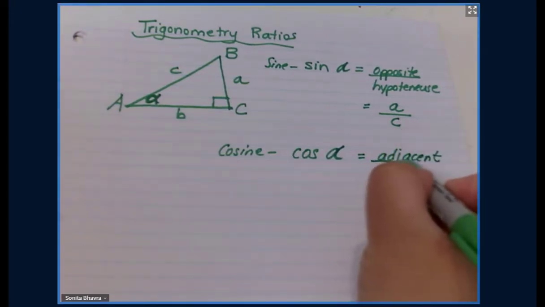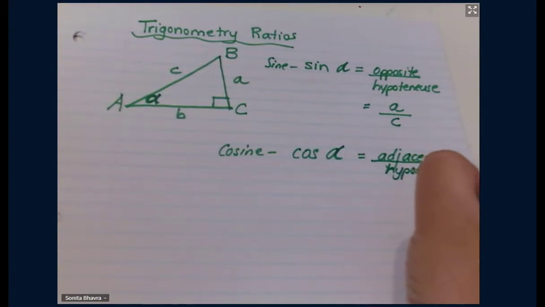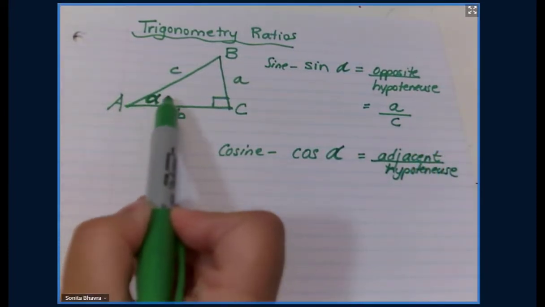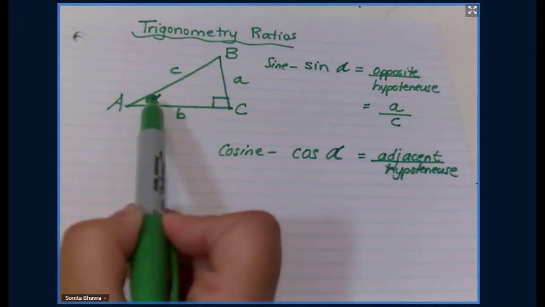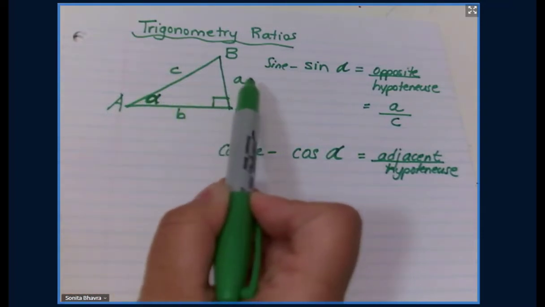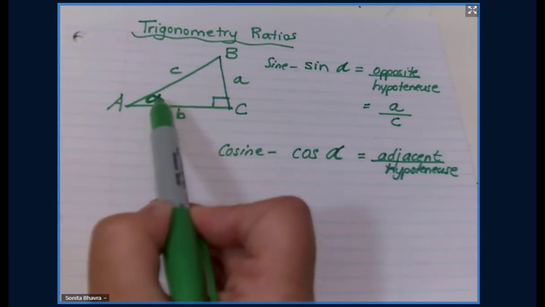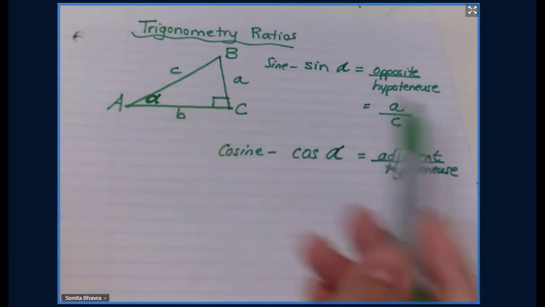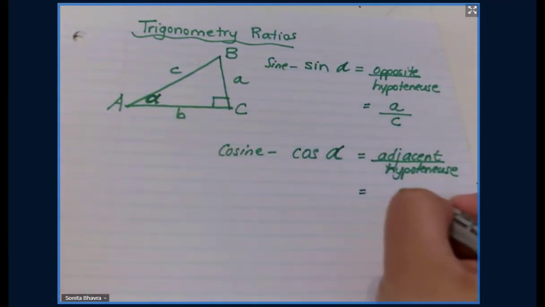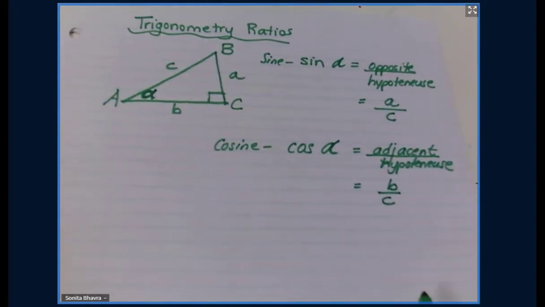Adjacent means beside, over hypotenuse. All right, so again, looking at this side, the side adjacent to it is the one right beside it. Because we know this one is opposite, this one is hypotenuse, so the side right beside it is this one, B. So therefore, our ratio is going to be B over the hypotenuse, which is C.